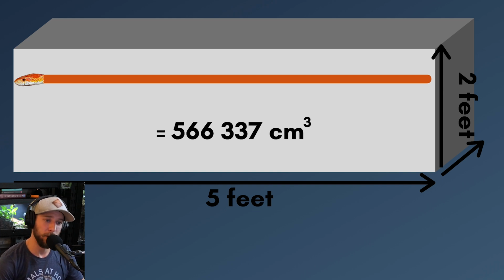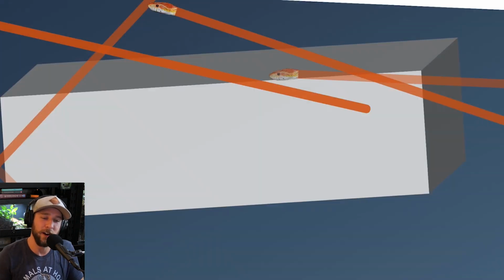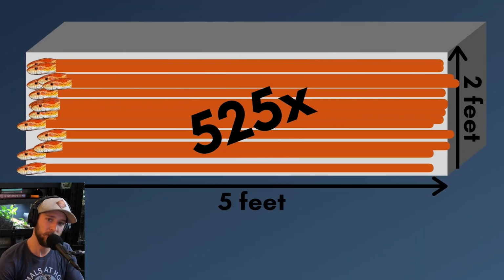When we figure out the total volume of this enclosure, it is 566,337 centimeters cubed. Now, the question that I have is how many times can this little snake fit into this enclosure by volume? So we take those two numbers and we divide them and we get the number 525. In other words, this corn snake can fit into his enclosure roughly 525 times, which seems like a lot.